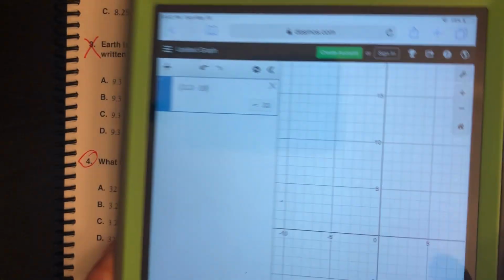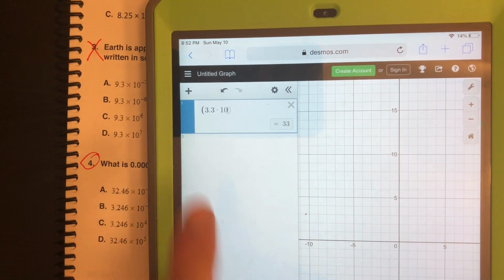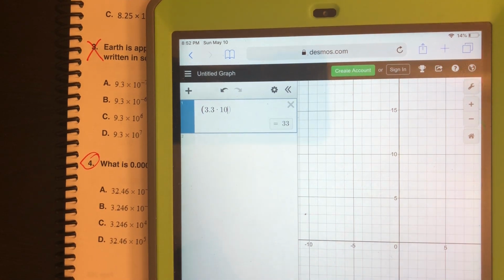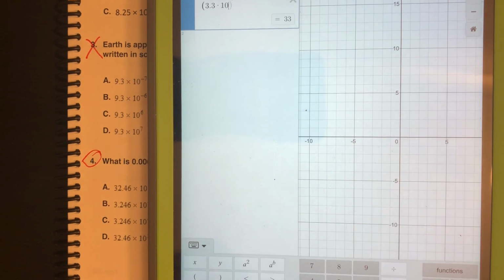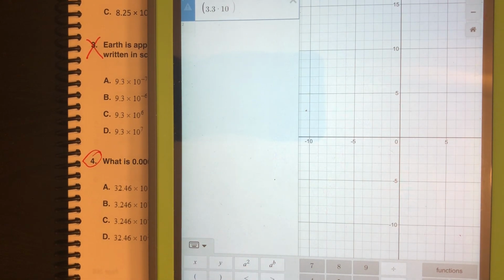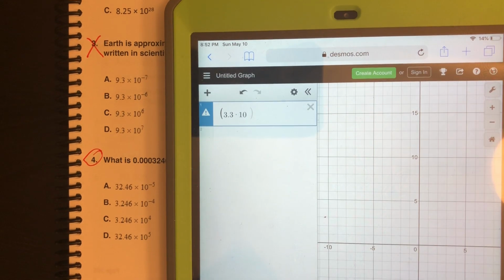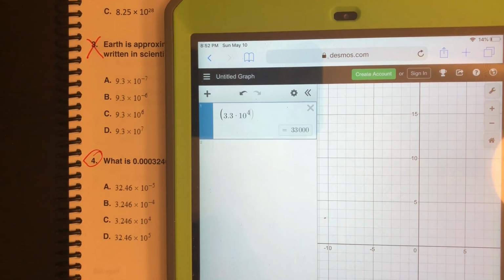Okay. I think we're good now. Sorry about that. So I typed in 3.3 times 10 to the power of 4. So to get an exponent of 4, remember, you're going to click the little button that says a to the power of b. Once you do that, it'll take you up there on the exponent to type in 4. Then, of course, scroll over, click parentheses, and there you go.